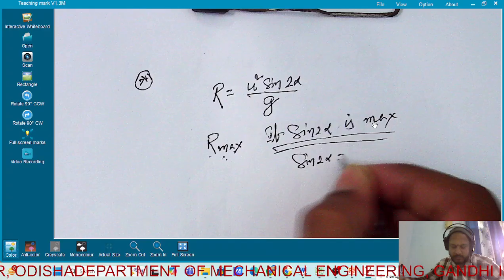R max is equal to u square sine 2 alpha by g. At R max, alpha is what? 45 degrees. So u square sine 45 into 2, sine 90 by g. Sine 90 is 1. What is the formula for R max? u square by g.